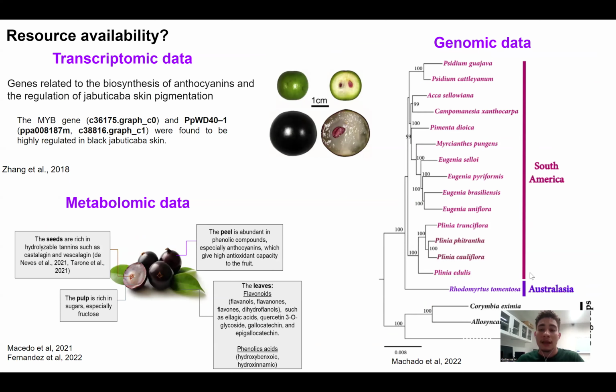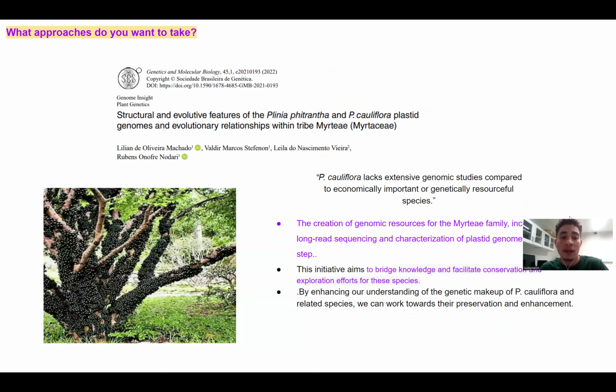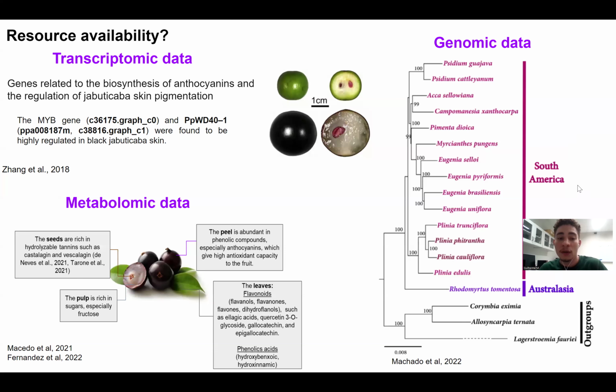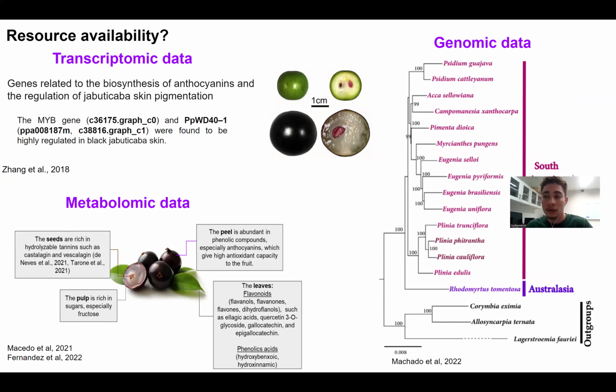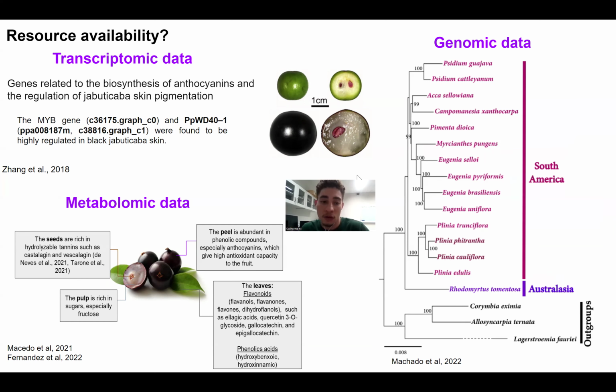The transcriptomic data is summarized in the identification of genes related to the biosynthesis of anthocyanins and the regulation of jabuticaba skin pigmentation. Regarding the metabolomic data, this information is related mainly to phenolic compounds.